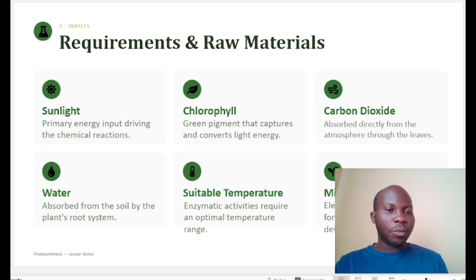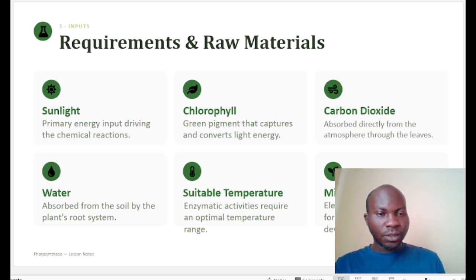Number three, we have carbon dioxide. This carbon dioxide is absorbed by leaves or other parts of the plant, and it reacts with water in order to produce glucose. And number four is water.